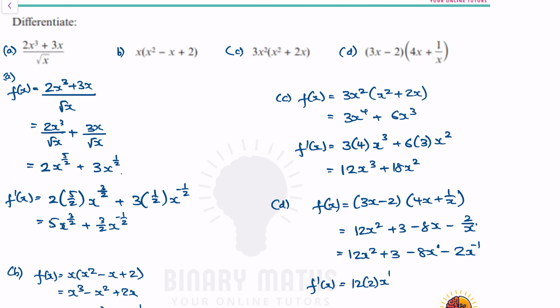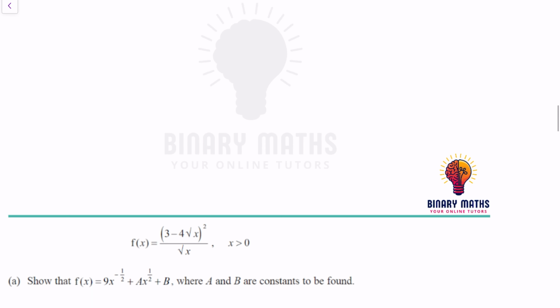And the last term is minus 2 times minus 1 times x to the power of minus 2. If we simplify this, I get 24x take away 8 plus 2x to the minus 2. Okay, so that was that.